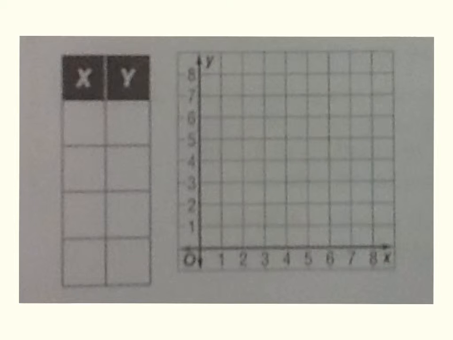The next thing you're asked to do is actually identify ordered pairs. So I'm going to put a few ordered pairs on this coordinate plane, and I'm going to ask you to identify them. One of them is going to be A, one of them is going to be B, one of them is going to be C, and one of them is going to be D. So here is A. B is right over here.